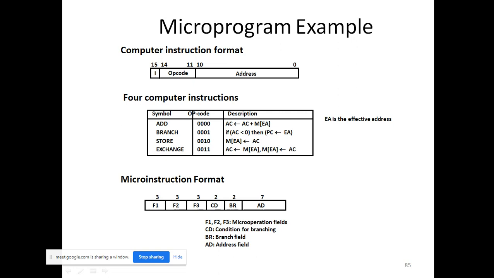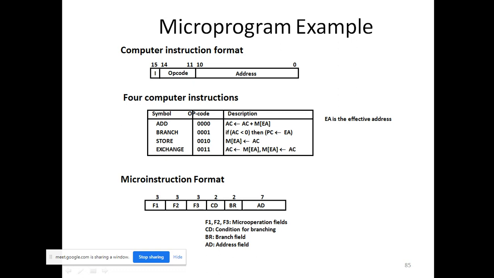Coming to add, we are adding the accumulator, which has the first operand, and the next operand, which is stored in the physical address, the second operand. The final result is also stored in the accumulator. Coming to the store operation, whatever result is in the accumulator is sent to the memory. This is called the effective address.